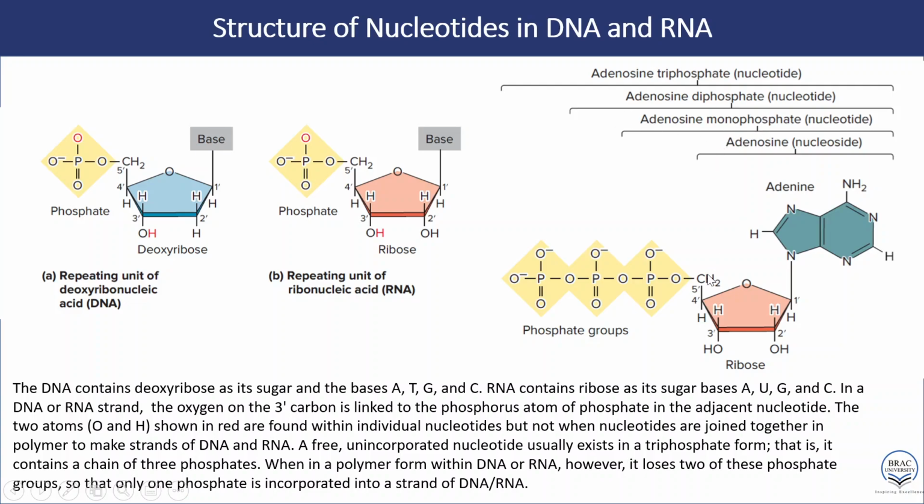But when there is no phosphate, it is called a nucleoside. You can see from this portion to this portion, these two are joined without a phosphate group, so it is called a nucleoside. If the base is adenine, this is adenosine. So moving to the next slide.